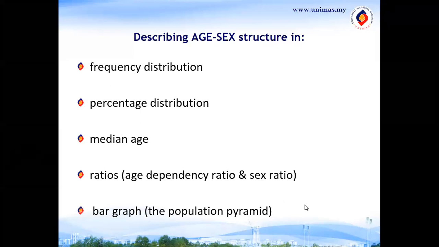And then in terms of a graph, we can present the age sex structure in terms of population pyramid. In other words, the number or the frequency or the percentage of the populations are arranged according to the different age group, and in a normal situation, it would be like a pyramid.